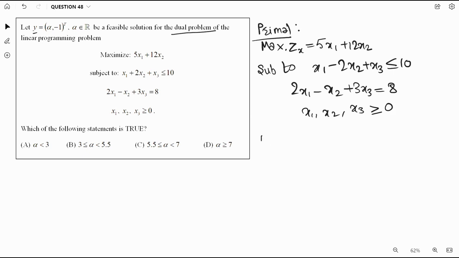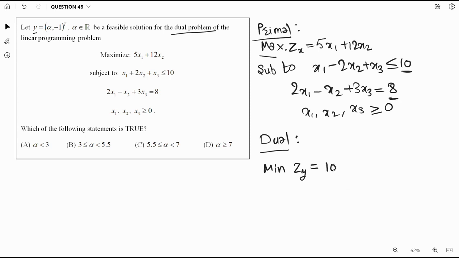We have to construct the dual from this. How are we going to do that? This is maximum, so in the dual it will be minimum. Now they have used the x variable here, so we will use y. Minimum z(y) is equal to... Now the coefficients of the y's will come from here, 10 and 8.